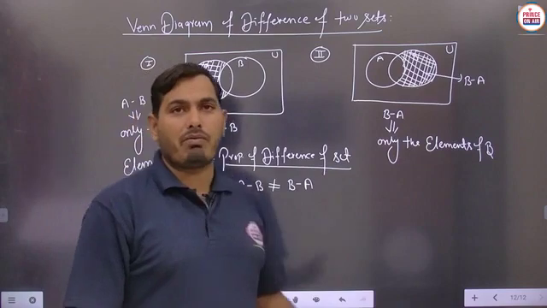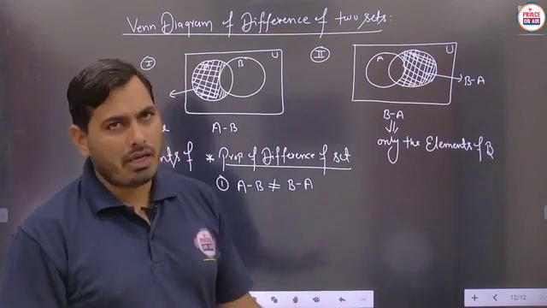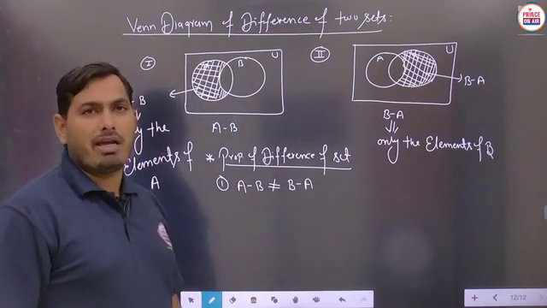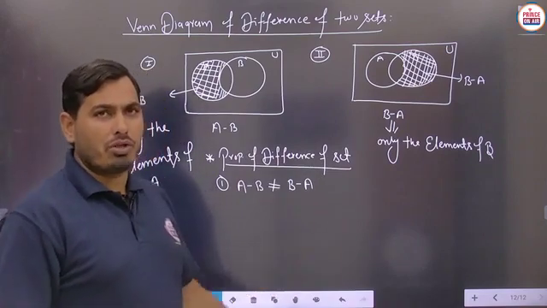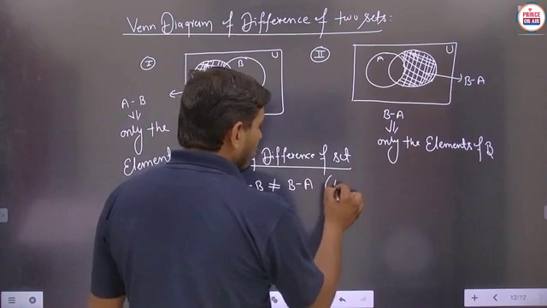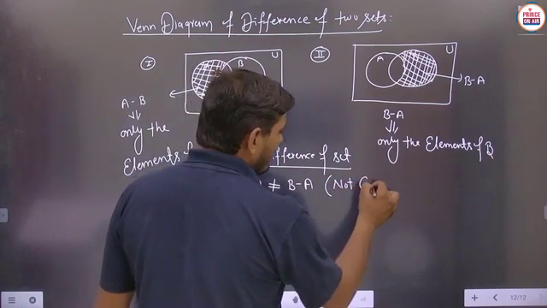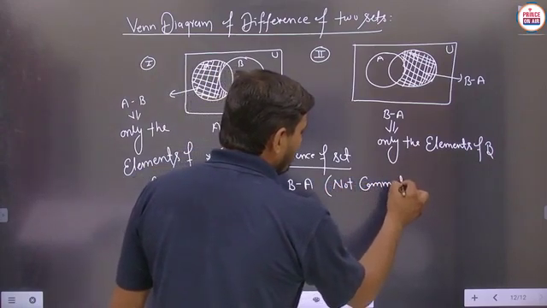Here A minus B will provide the elements of A only, and B minus A will provide the elements of B only. This law is said to be the commutative law, so this is not commutative.